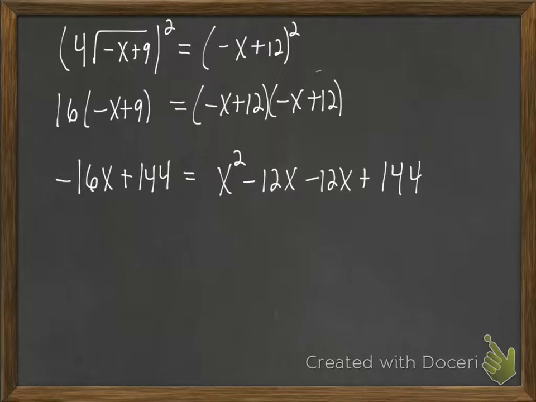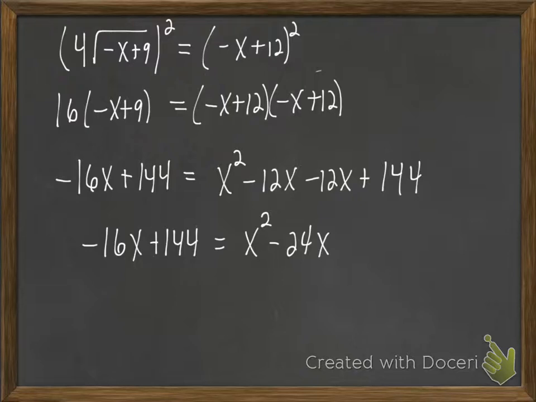And then we simplify. So we have some like terms to combine over here. x squared minus 24x plus 144. Alright, and now we're finally down to an equation that we can actually solve.